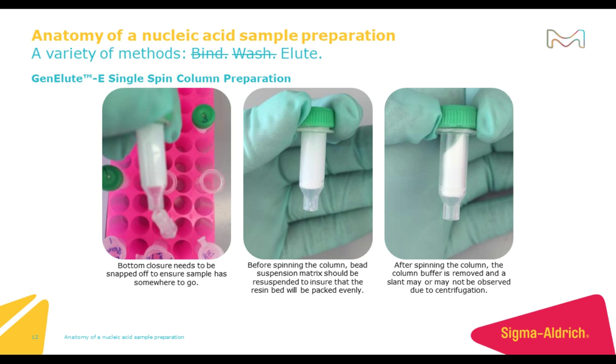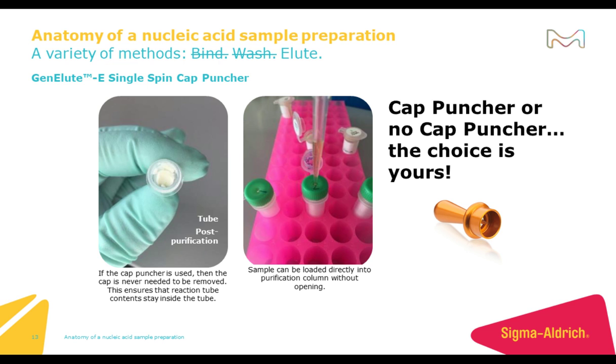Additionally, you need to resuspend the bead matrix by a simple vortex step so that they are resuspended and that they pack more evenly during the column preparation step. And after spinning, the column buffer is removed, and a slant may or may not be observed due to that lovely centrifugation step.